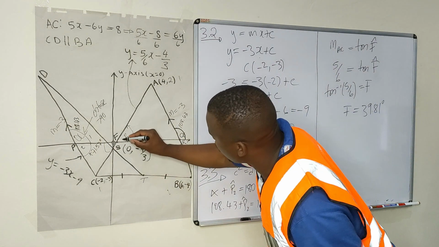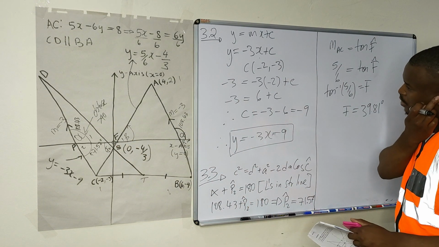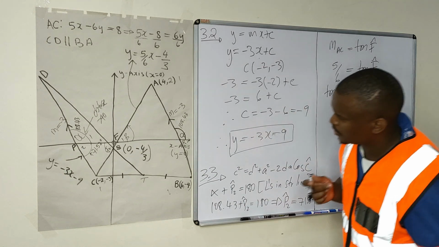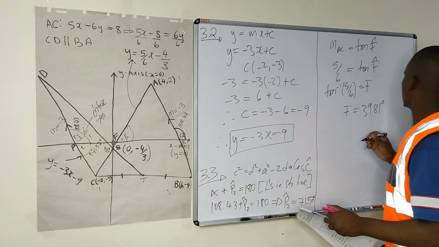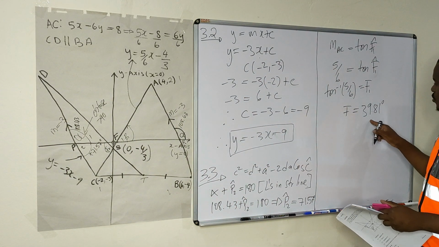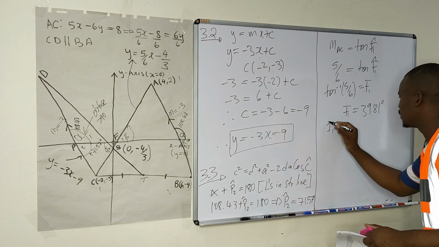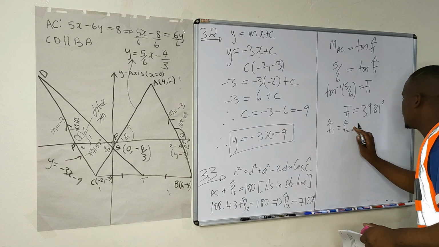So this is F1 and this is F2. So F1 is equal to angle F2. Why?